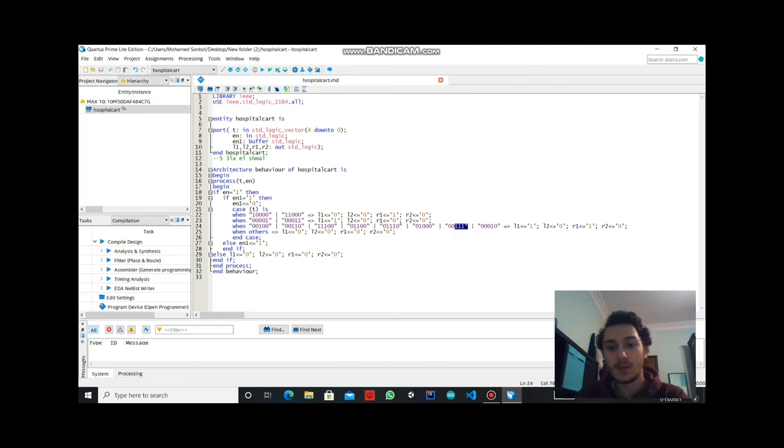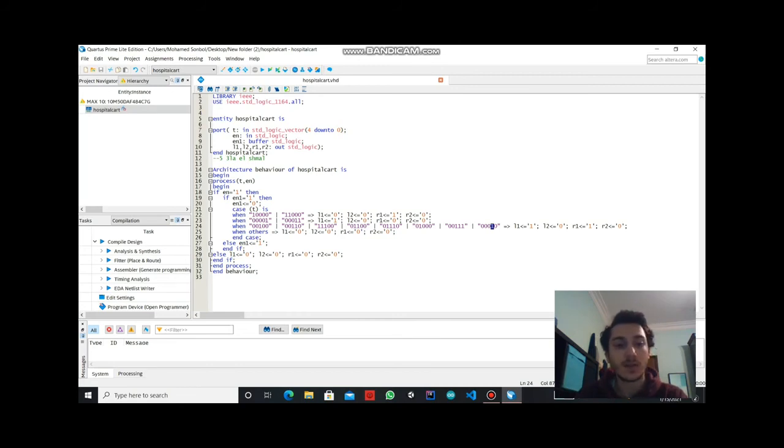So maybe the line is a bit thick, so it's sensing 3 in its rightmost or leftmost, or maybe the line is a bit thin, so it's sensing the line not in the rightmost sensor, but the one before last, or the one before last sensor on the left side. And what we do is we make the car move forward by setting the output concerned with the left motor moving forward to 1 and the right motor moving forward to 1.